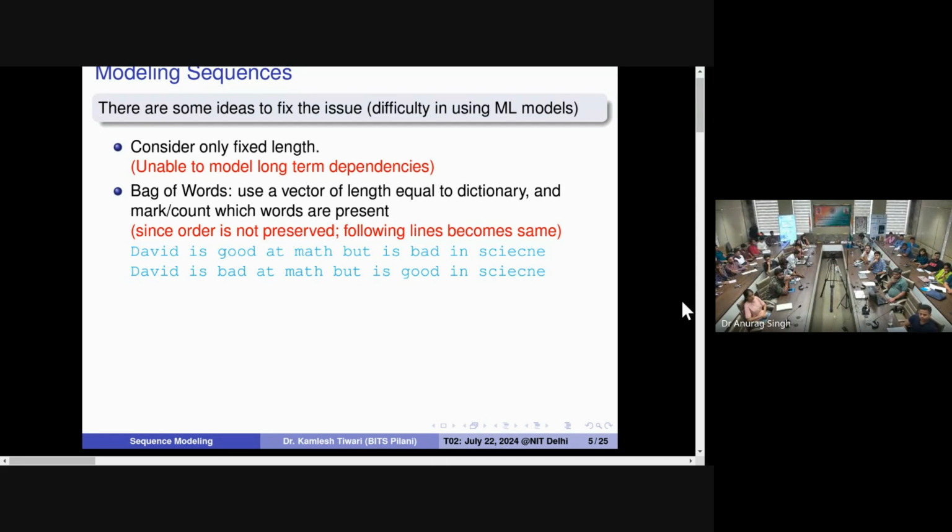So he is good in math, bad in science. But if I change it, David is bad in math and good in science, I have just changed 2 words. Is their representation different? No, the bag of words representation is the same because the same words are used, but they are totally different sentences. Okay, so it is becoming a challenge.